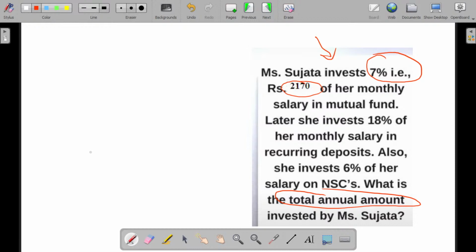We need to calculate annual amount, that is for yearly, annual, 12 months. Whatever value you will get, into 12, so you will get the annual amount. Yes, please mention in the chat box. Okay, so Vaishnavi has mentioned 3,72,000. Firzade, okay. Sejal Jain, okay. Yes, please others try it.